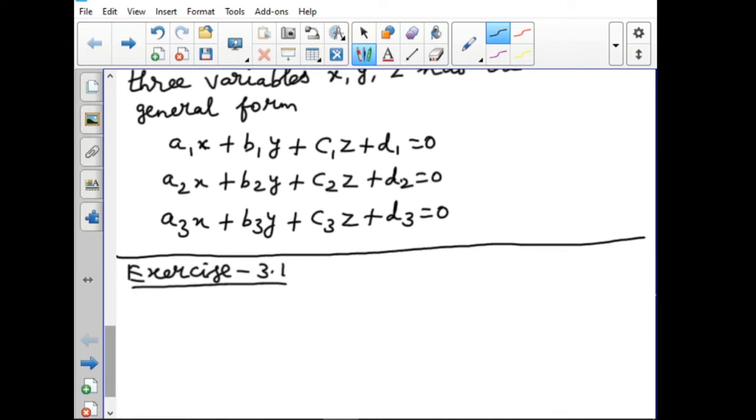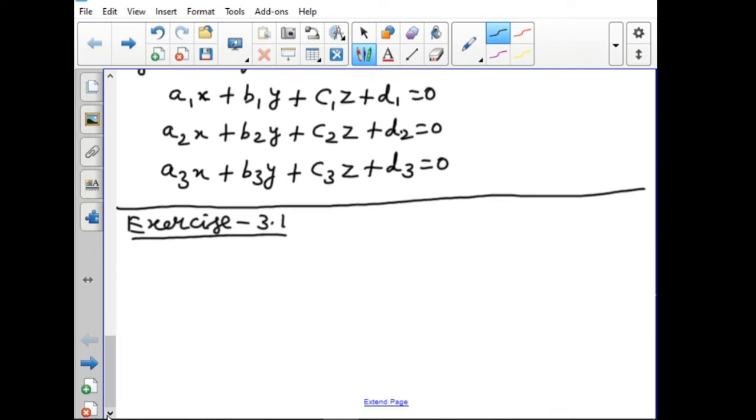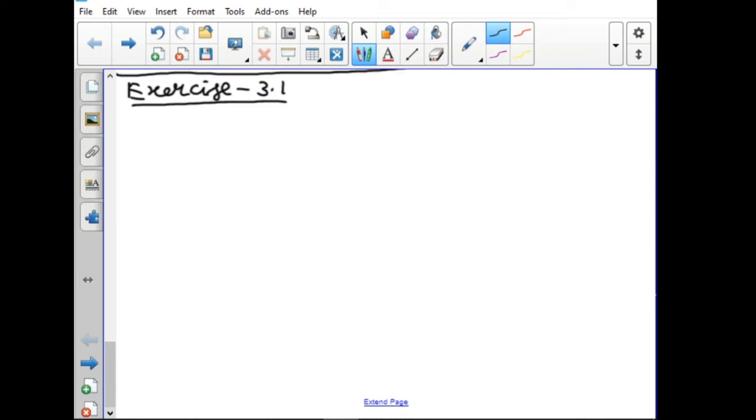Okay. The first sum: first one, x plus y plus z equal to 5. The second equation is 2x minus y plus z equal to 9.